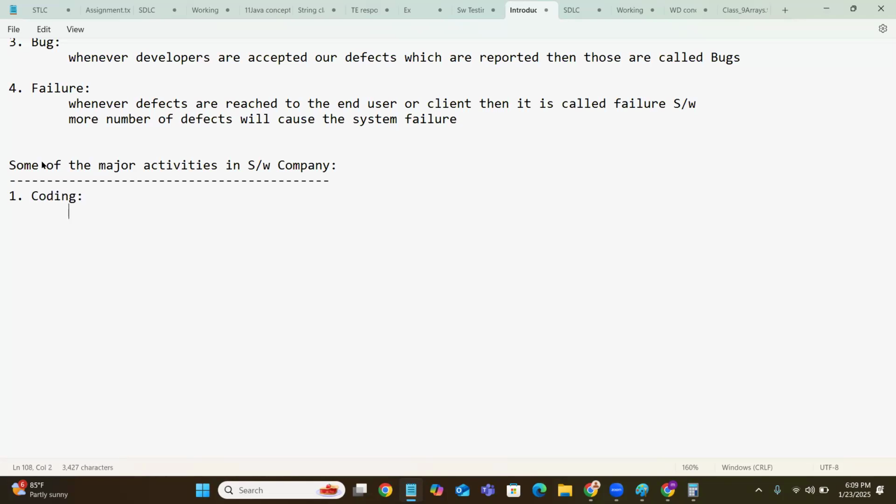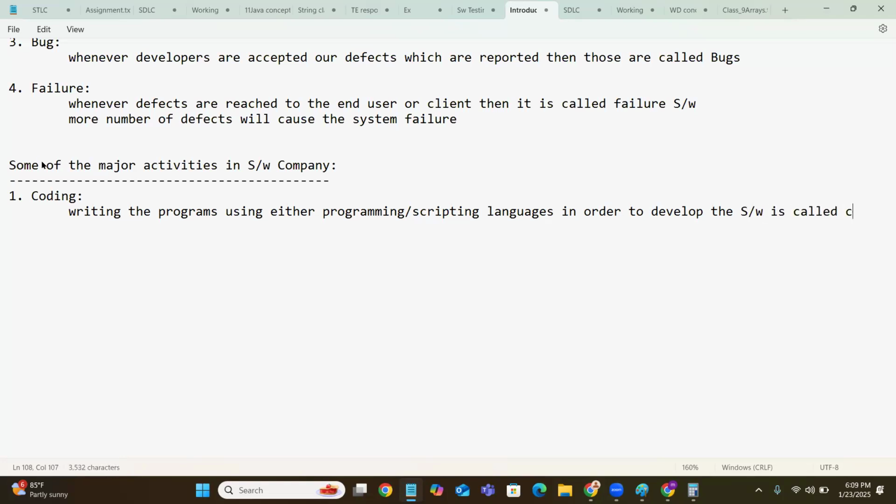Coding. What does coding mean? Writing programs using either programming or scripting languages in order to develop the software is called coding.